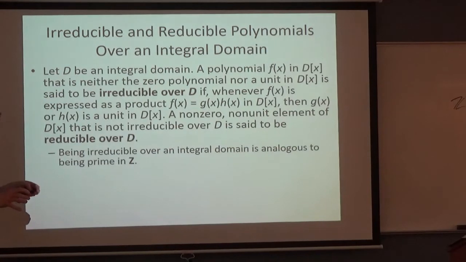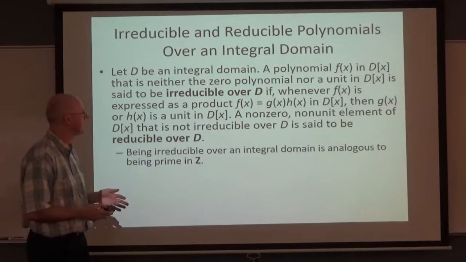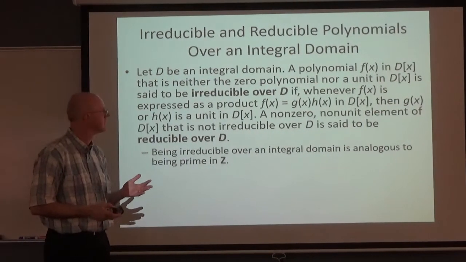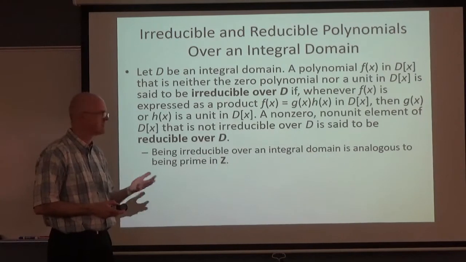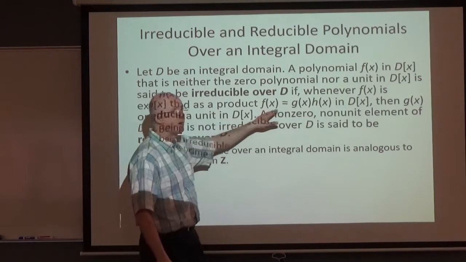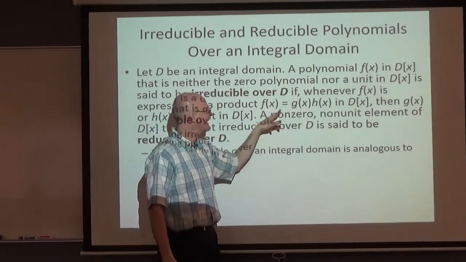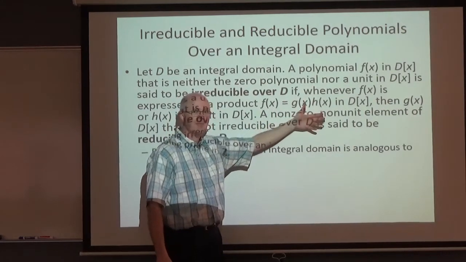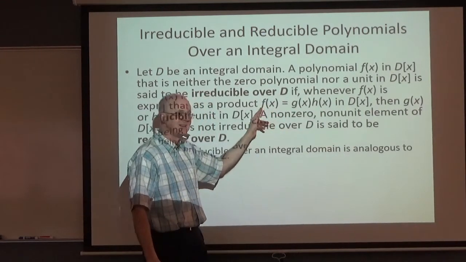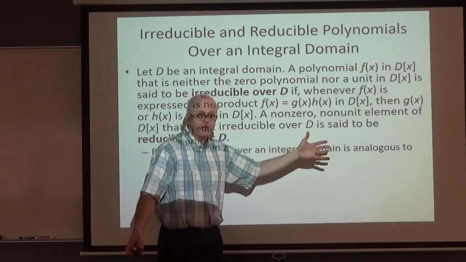Being irreducible over an integral domain is analogous to being prime. What does it mean to be a prime number? It means when you're written as a product, imagine these are numbers, this number equals this number times that number. Whenever that happens, when this is prime, either g or h is going to be 1.